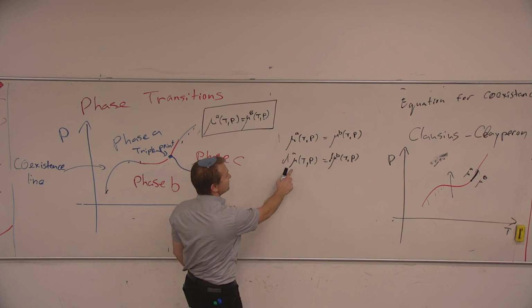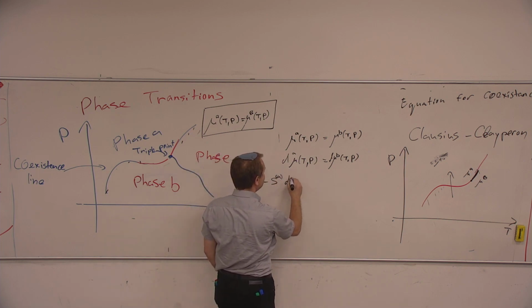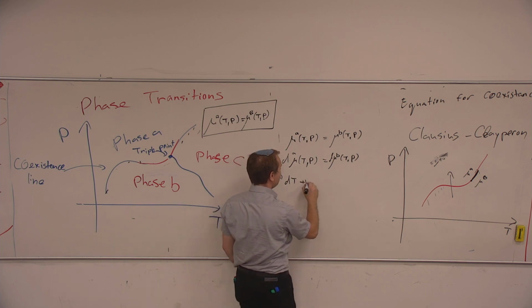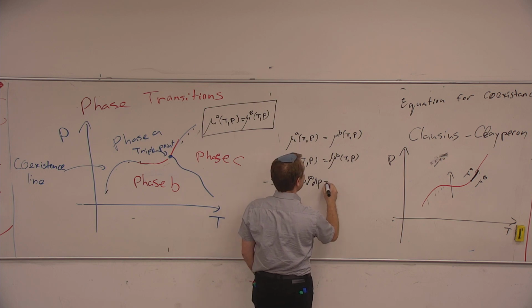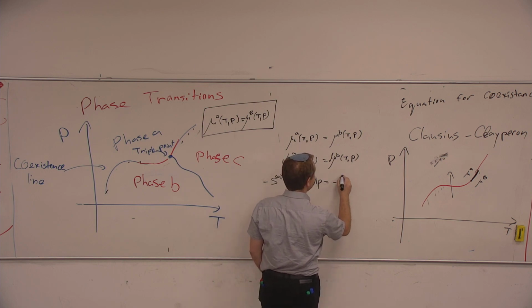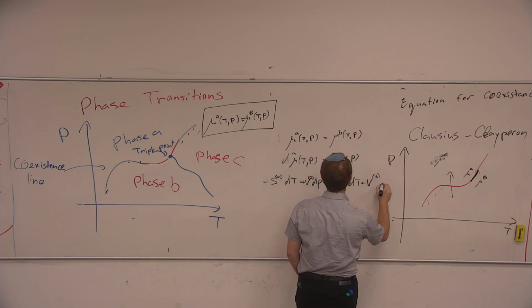Okay, so what is this d mu? We know this is minus s_A dT plus v_A dP, which equals minus s_B dT plus v_B dP.